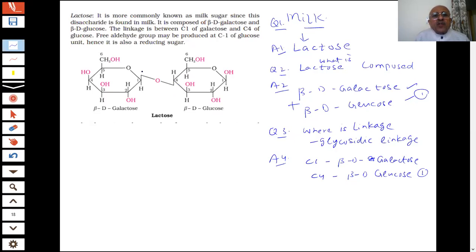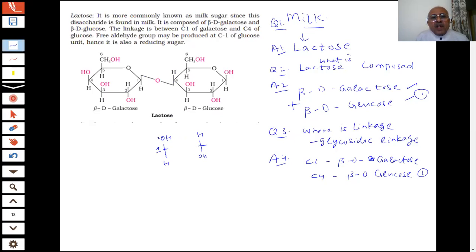This OH and this OH, they have formed the oxide bond. How is the oxide bond formed, students? You had OH and H. This is my carbon 1. H on the top, OH must be on the lower.